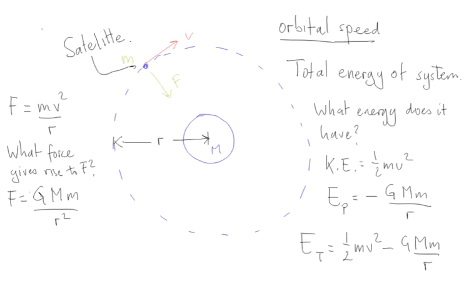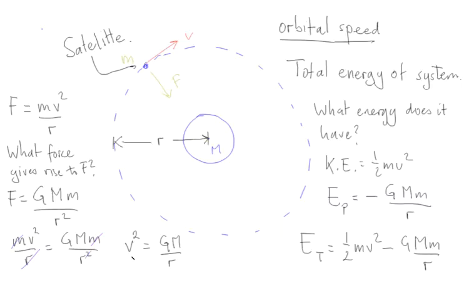So if we equate these two, we get mv squared over r equals big G, big M, little m over r squared. One of the r's cancels, little m cancels, and we end up with v squared equals big G, big M over r.